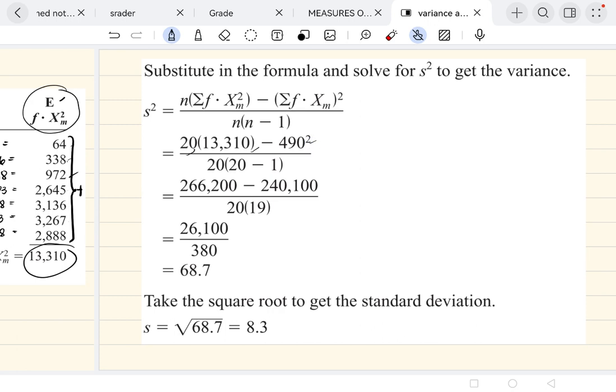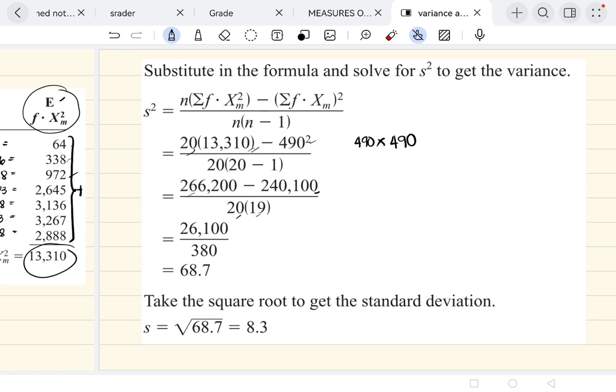Over, our N is 20, times 20 minus 1. So 20 times 13,310 is 266,200, minus 490 squared, that is 490 times 490, which is 240,100, divided by 20 times 19, since 20 minus 1 is 19.